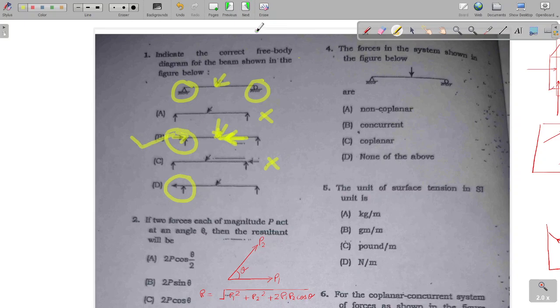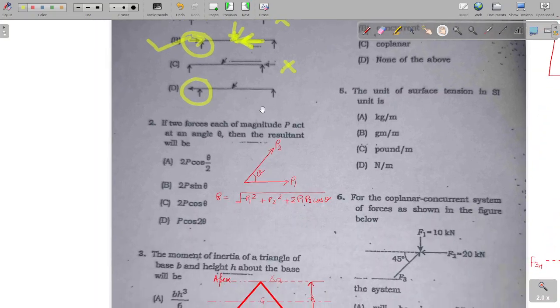Okay, so moving on to our next question number 2. If two forces, each of magnitude P, act at an angle theta, then the resultant will be. So we have studied the parallelogram law of vector addition.